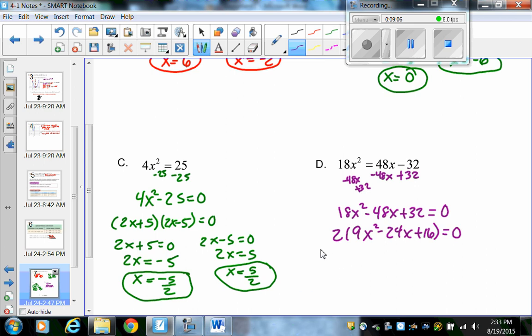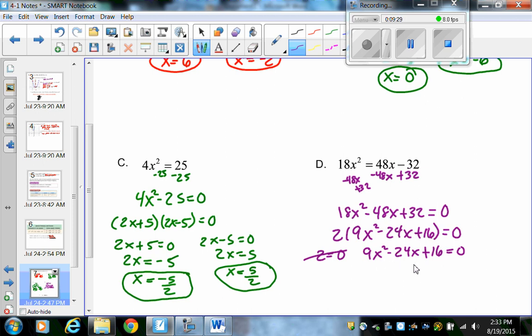So now, from here, I can say that 2 has to equal 0, or 9x squared minus 24x plus 16 equals 0. Well, this is never going to happen. So you could essentially ignore that now, because 2 is never going to equal 0. So I have to keep factoring this.